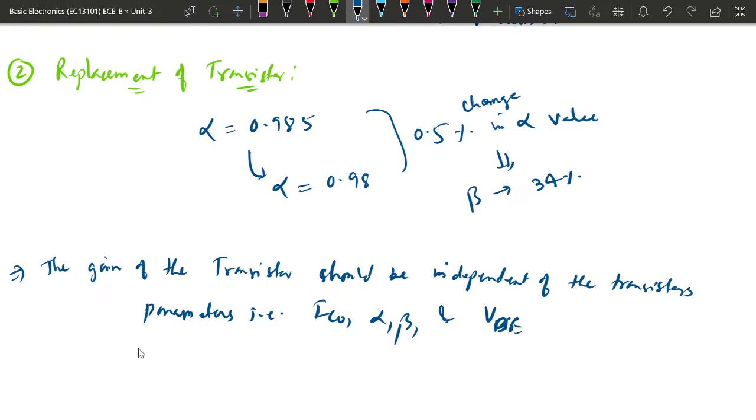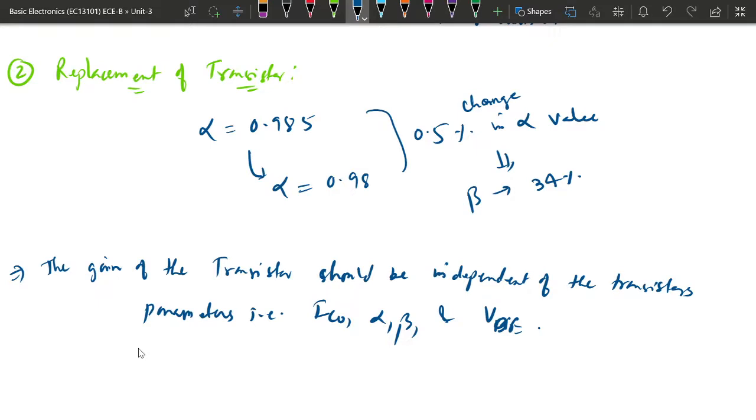These are the different parameters of the transistor that can change, not because the user changes them, but because of the replacement of the transistor or because of the temperature variation.